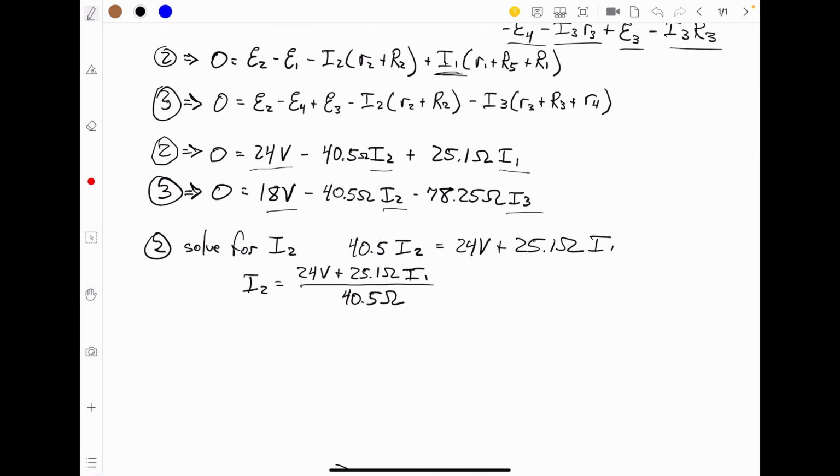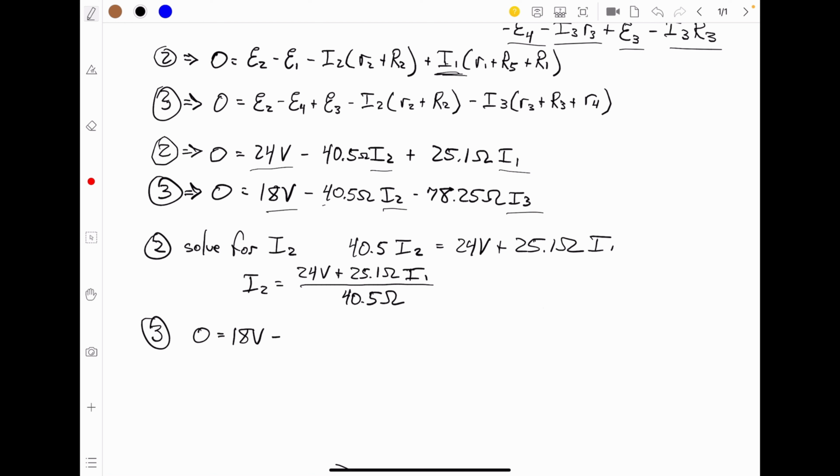Let's rewrite equation 3. It's 18 volts minus. Now, every time I see an I2, I'm going to put in 24 volts plus 25.1 times I1 over 40.5. So gross, I know, but that's what we're doing. Now, here's the nice part. We've got 40.5 times I2. Well, 40.5 in the denominator and the numerator is going to cancel.